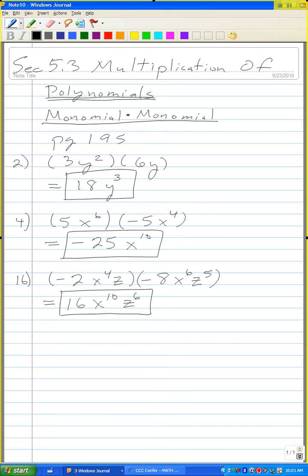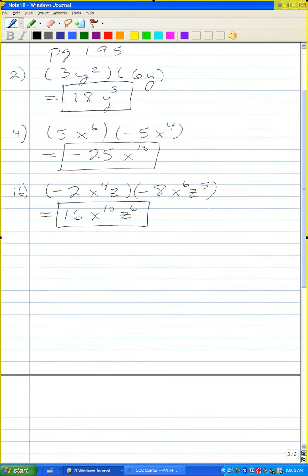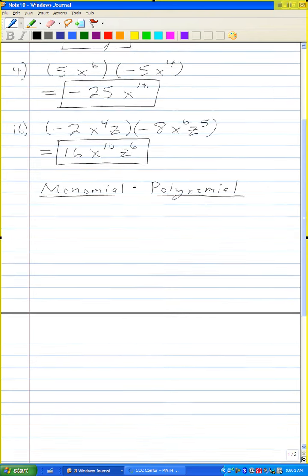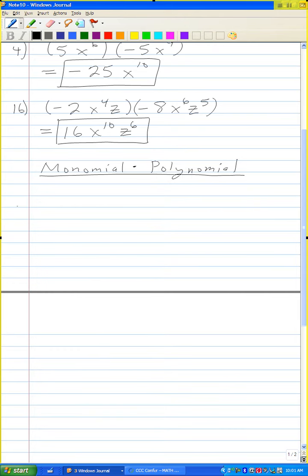Now, let me multiply a monomial times a polynomial. So in this case, we will just be using the distributive property. Let me do problem number 20. Negative 4 z squared times 5 plus z.